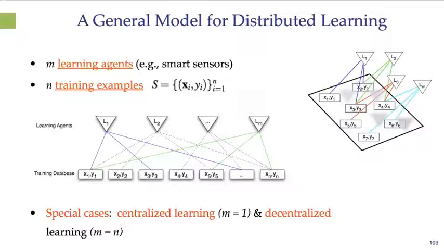The training database would correspond, say, to the end user devices, and the learning agents or access points are connected to their own devices in their own cell. Or you can think about decentralized learning, where there are the same number of learning agents as there are training data, and in fact the learning agents are the data collectors themselves. That's what we're going to talk about here. So in that case, M equals N.